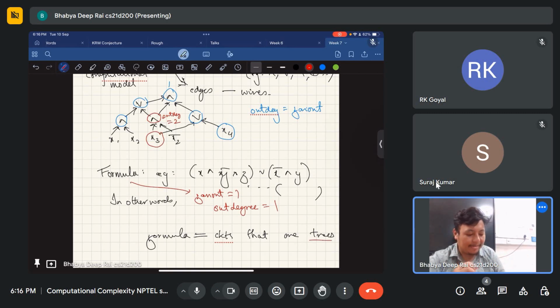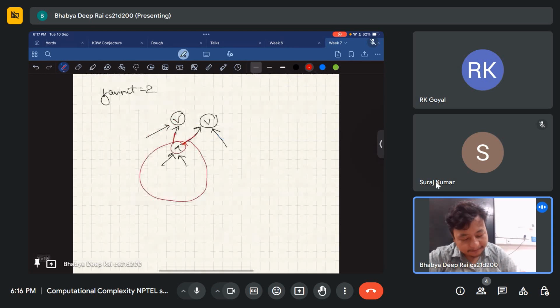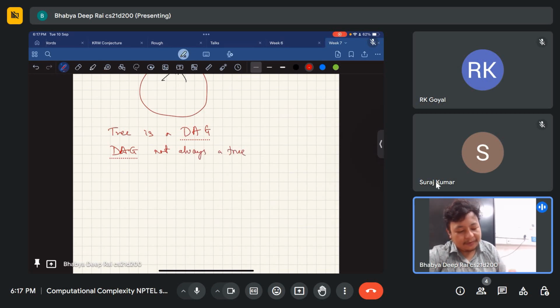So what is the difference between a DAG and a tree? I'll give you an example. A tree is a DAG, but a DAG is not always a tree. Why? I'll show you. What does a DAG mean?